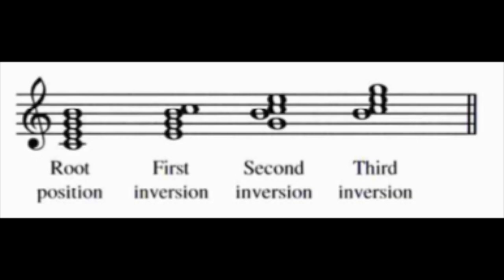It's important to understand that the inversion of a triad or 7th chord is determined only by what number of the chord is in the bass. Any chord members may appear in the soprano or in other voicings without changing the inversion.